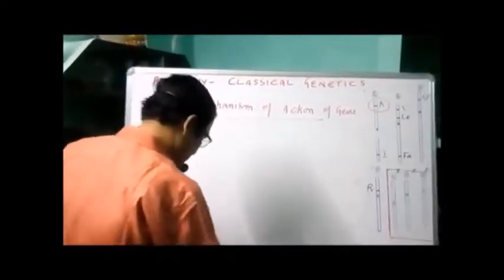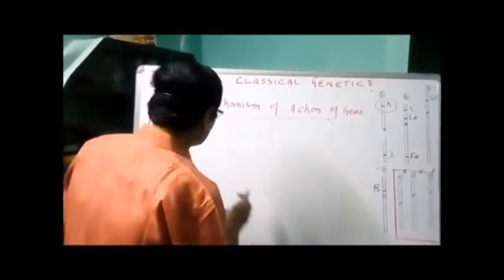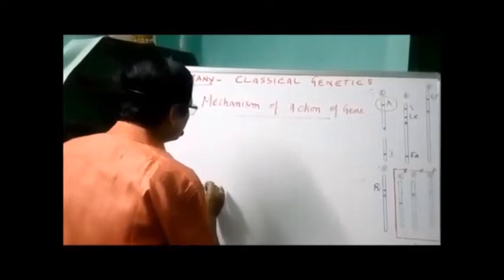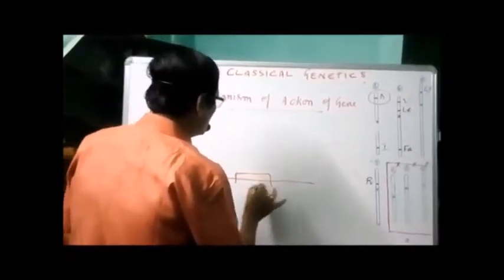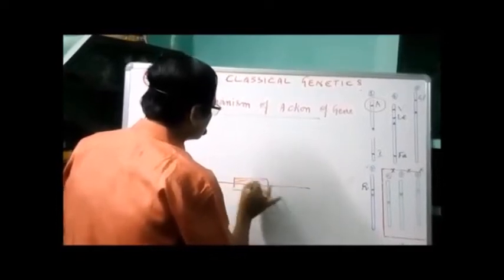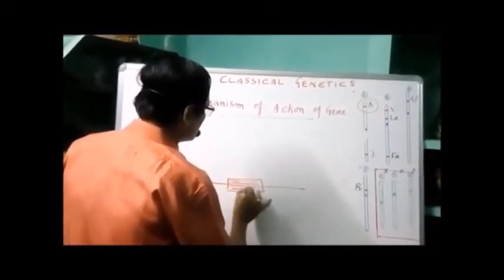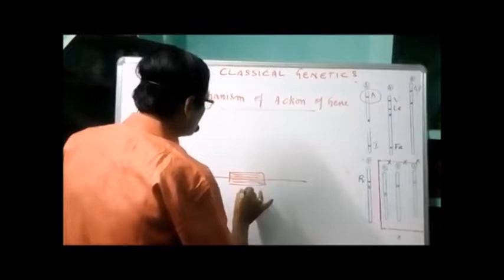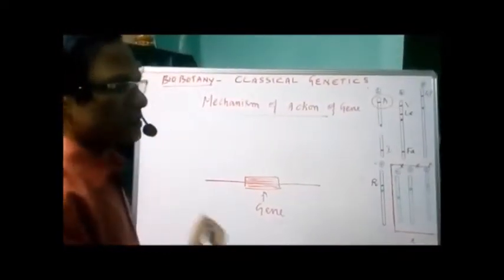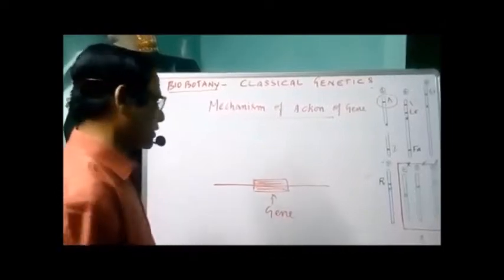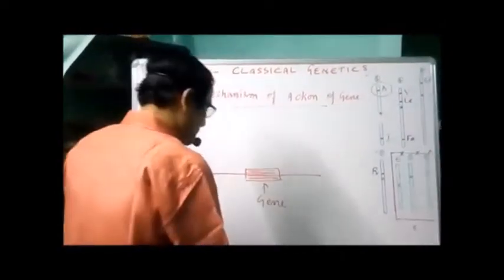Now this is what we have, a DNA segment. We will be studying more about this in molecular genetics in zoology. This is a particular gene, a structural gene responsible for transcription, and its expression leads to a particular product.